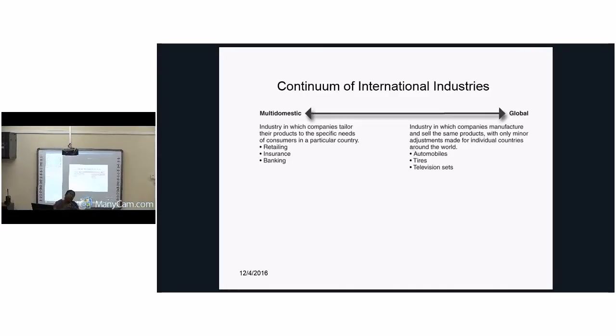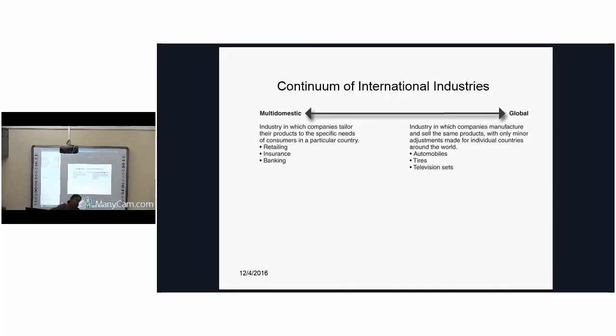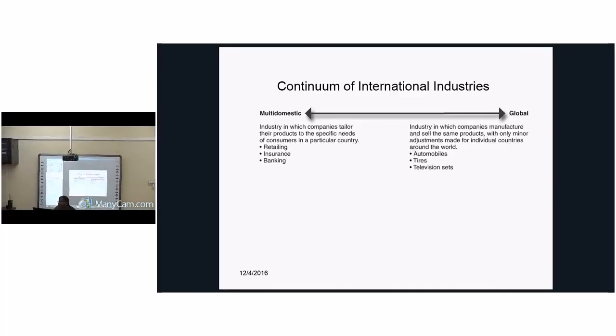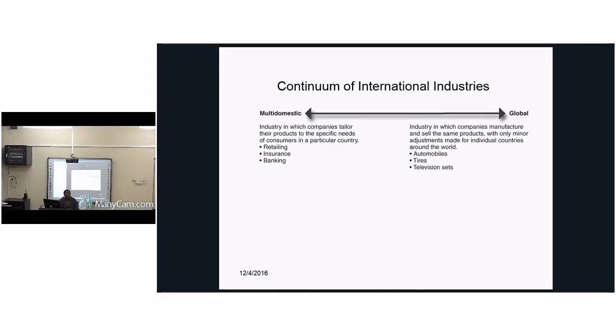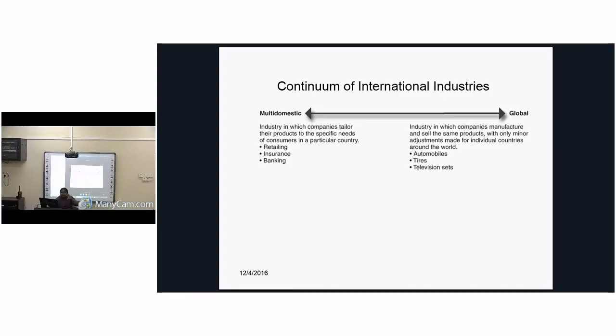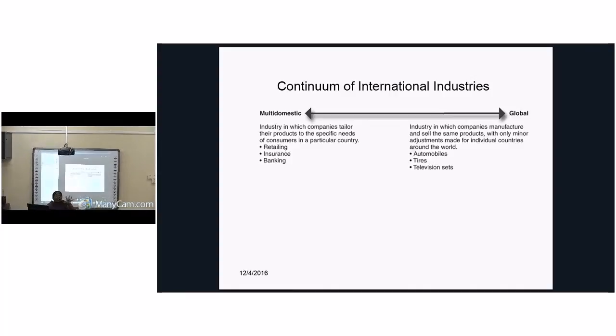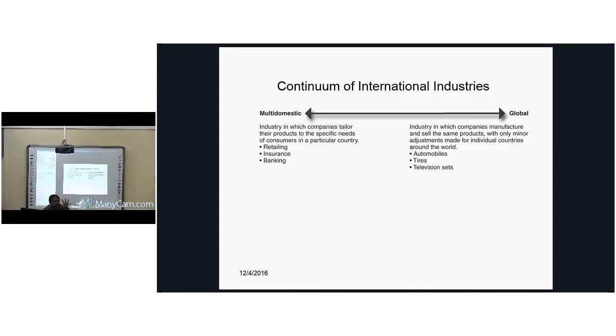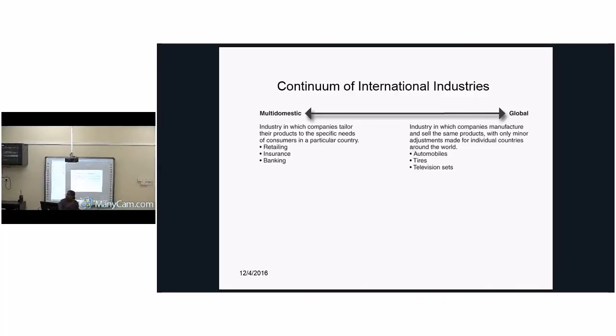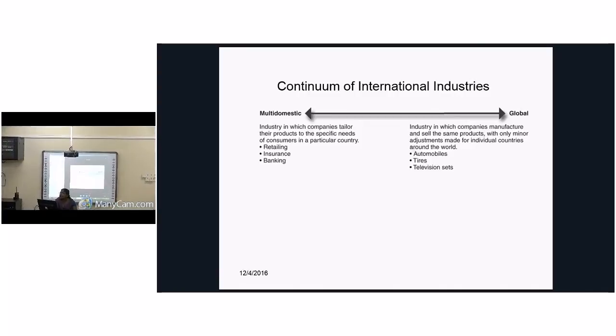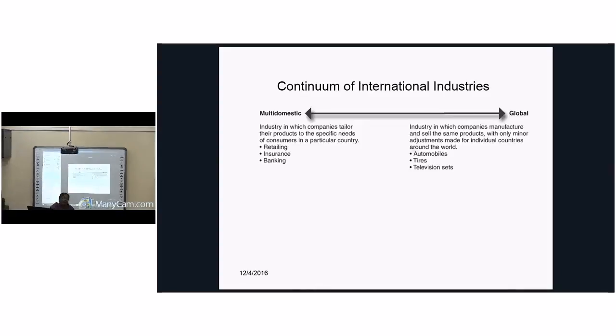Your business activities are not complex. In a global market, you are working in a differentiated market, and your business activities are complex. It is an industry in which companies manufacture and sell the same product with only minor adjustments made for individual countries around the world.